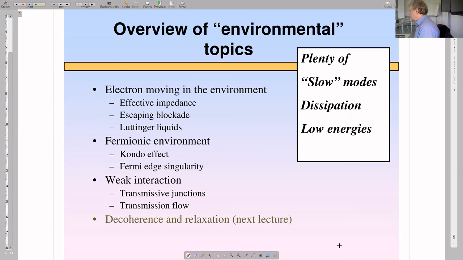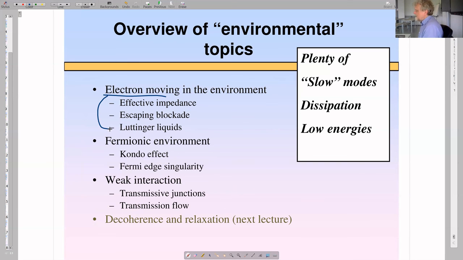We have considered an electron which just tunnels and doesn't move through the environment. One could also consider electrons moving through the environment, and as you can imagine, the excitations are different there, and Coulomb blockade is escaped in another fashion.